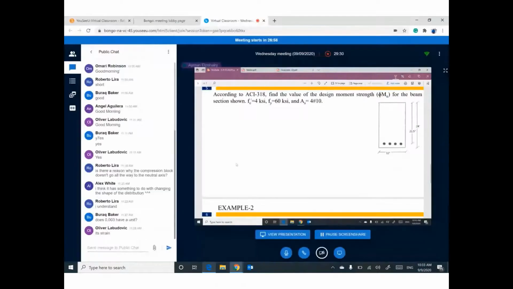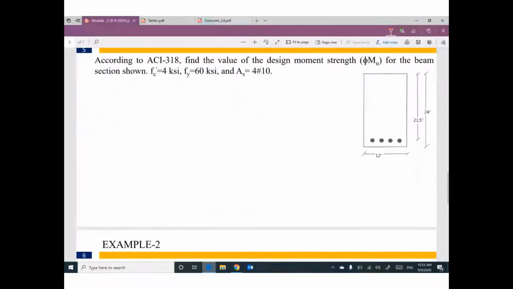We have a cross section, and I believe you learned all of this during the homework. This problem looks like one in your homework, but the only difference is the numbers. According to ACI 318, we are looking for the design moment strength.